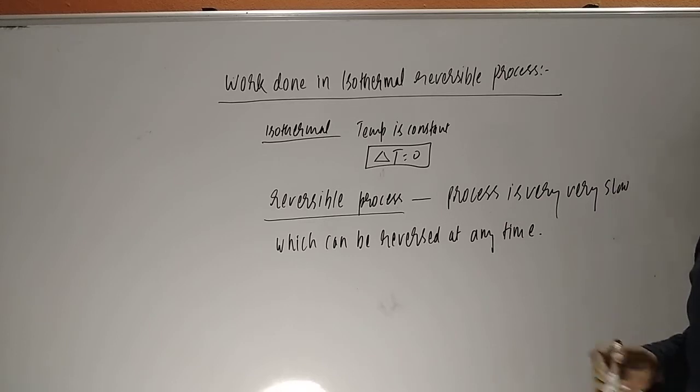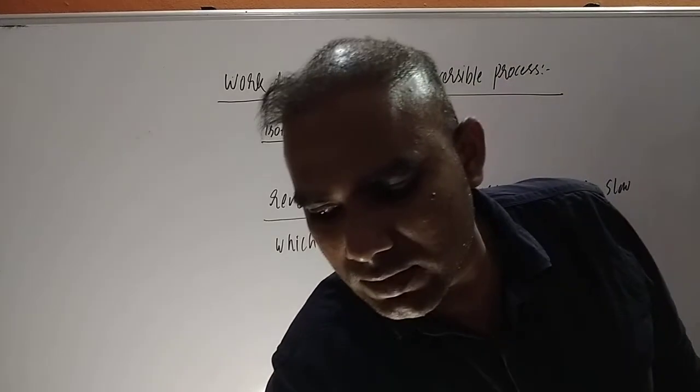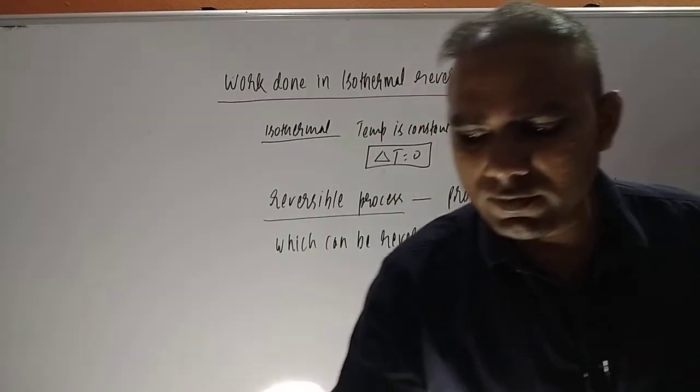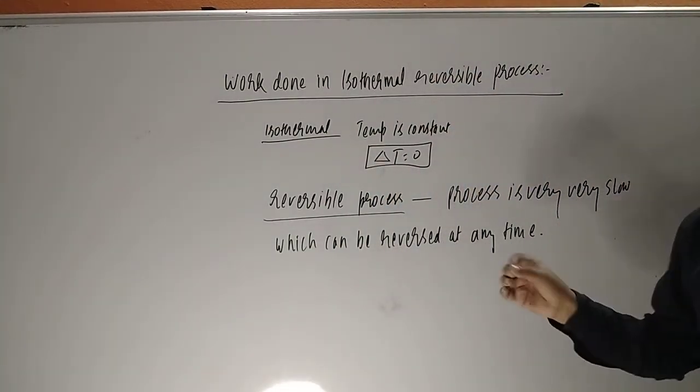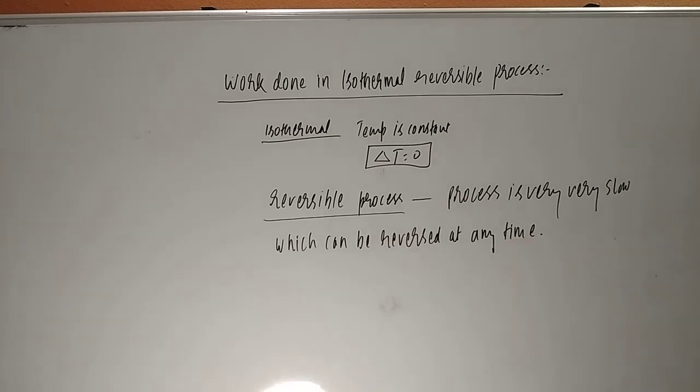This is what is known as a reversible process. So we have to keep in mind, students, that isothermal means temperature is constant, and reversible means the work is very slow. It always looks like it is in equilibrium only. It is so slow that the process always looks like it is in equilibrium.